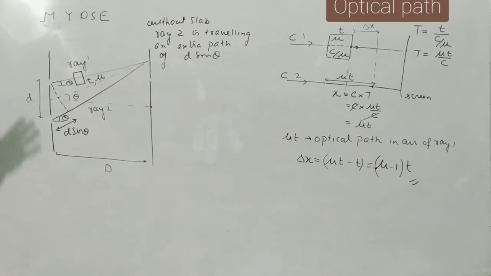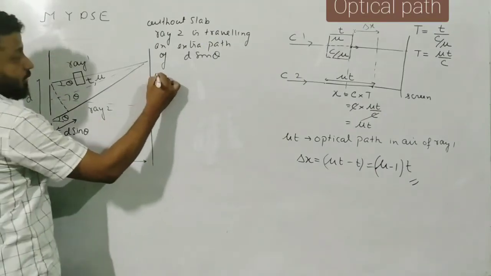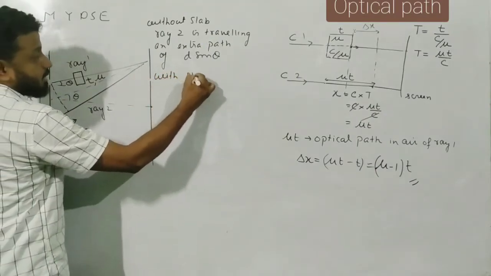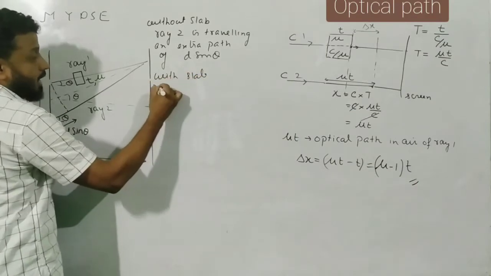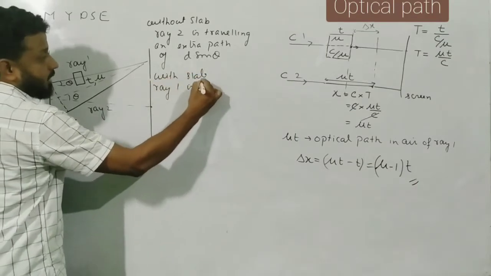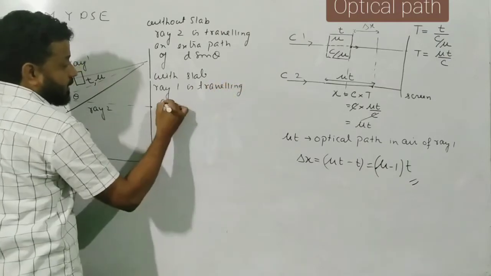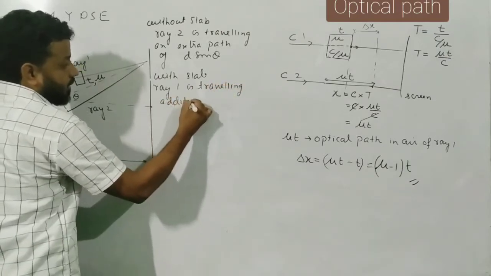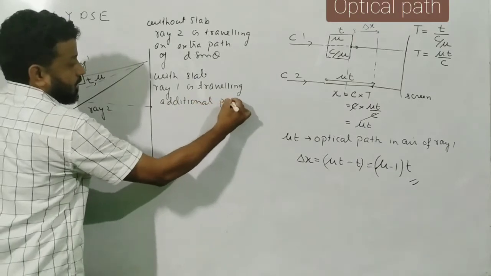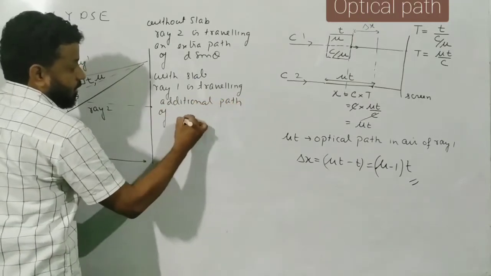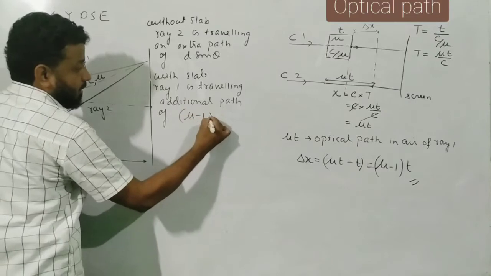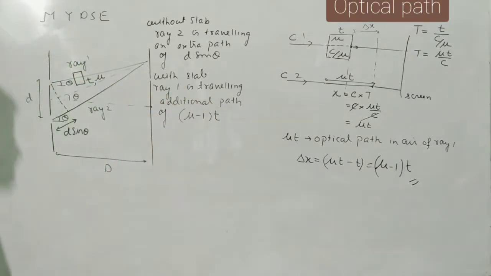Correct? Now with the slab, when the slab is inserted, ray 1 is traveling an additional path of mu minus 1 multiplied by t. Correct?